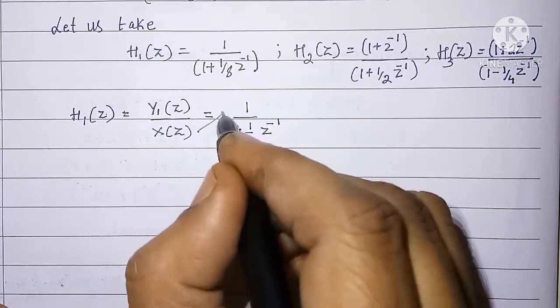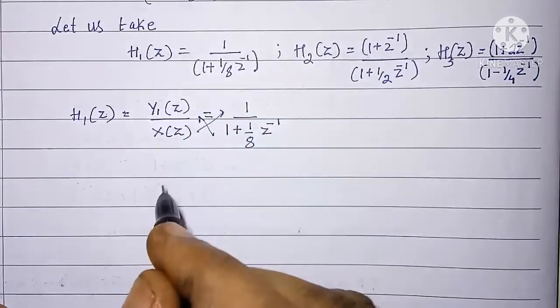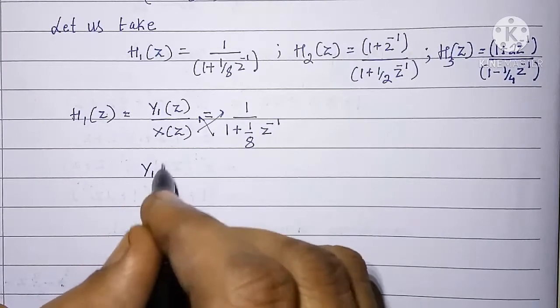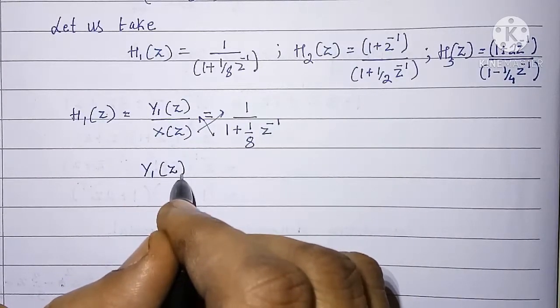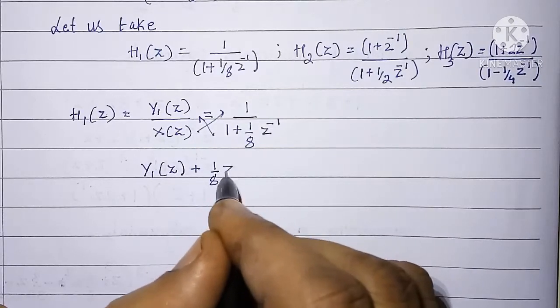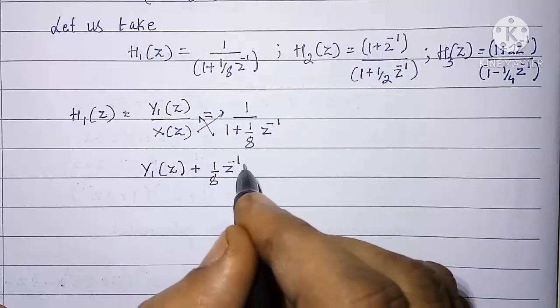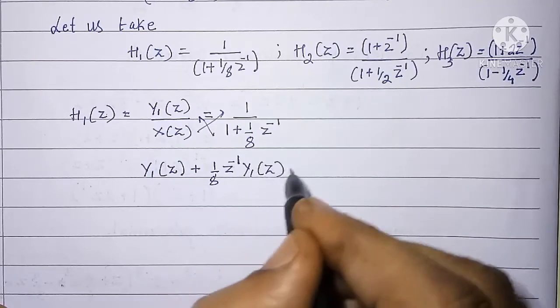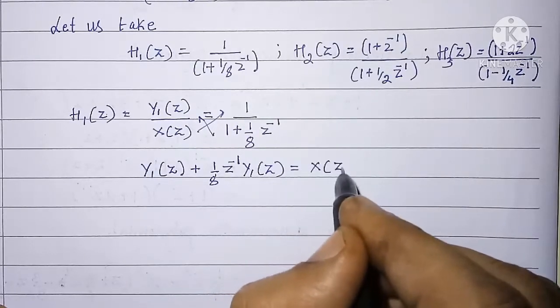Now cross multiplying, we get y1 of z plus 1 by 8 z raised to minus 1 y1 of z equal to x of z.